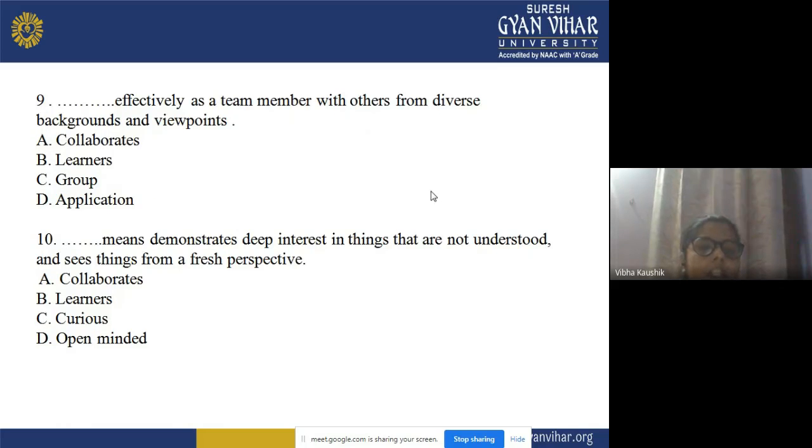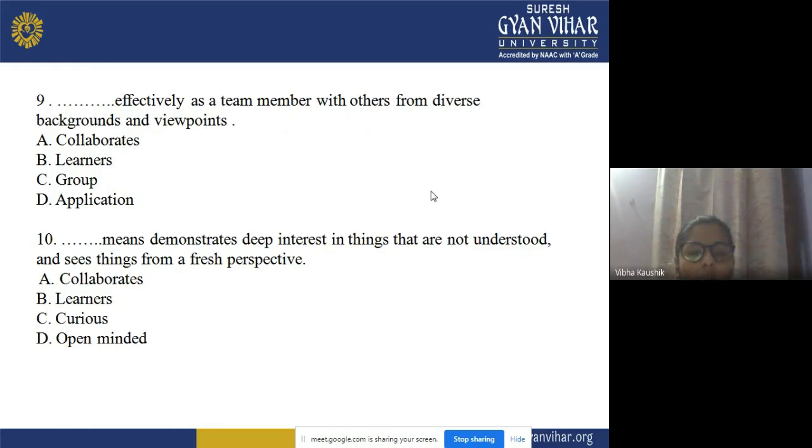Ninth one: dash effectively as a team member with others from diverse backgrounds and viewpoints. A, collaborators; B, learners; C, group; D, application. So the correct answer is collaborators. Tenth one: dash means demonstrating deep interest in things that are not understood and seeing things from a fresh perspective.